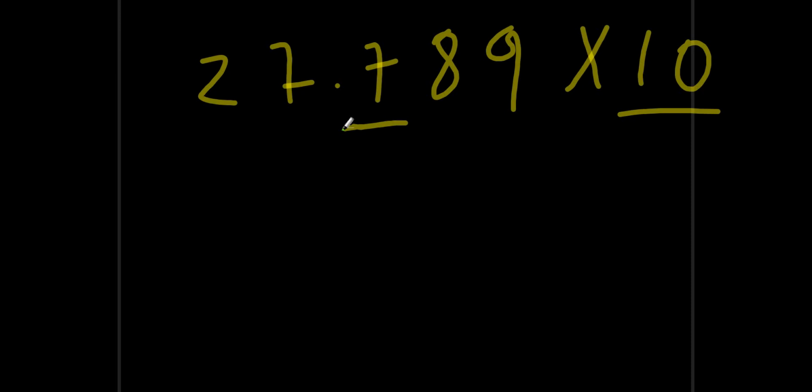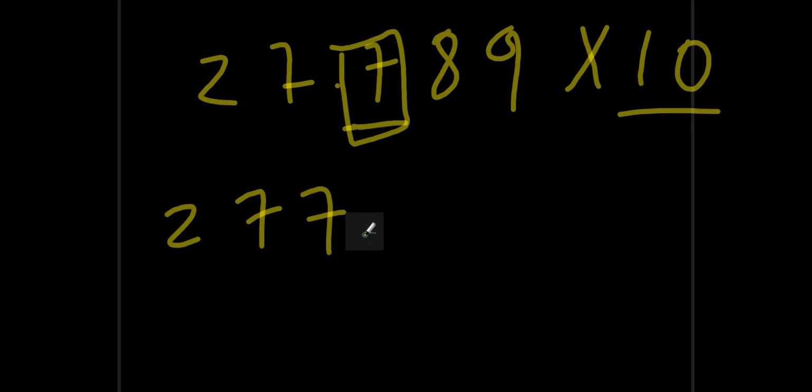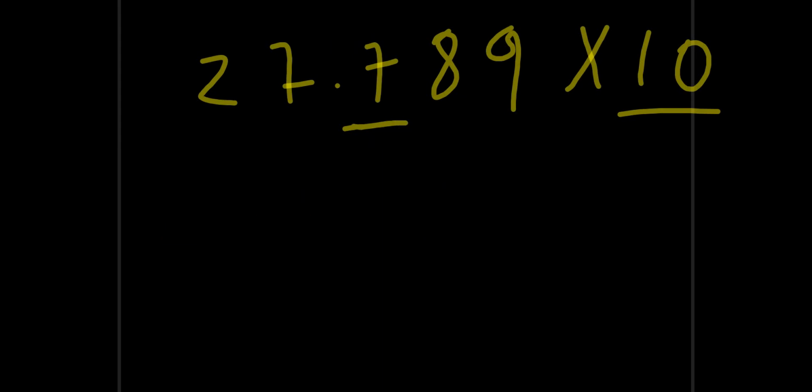And so what this 0 does is shift the digit that is in the tens place. So our answer will be 27.789. If we're going to multiply this by, let's say, 100, you should move the digit that is in the tenth and the hundredth place.